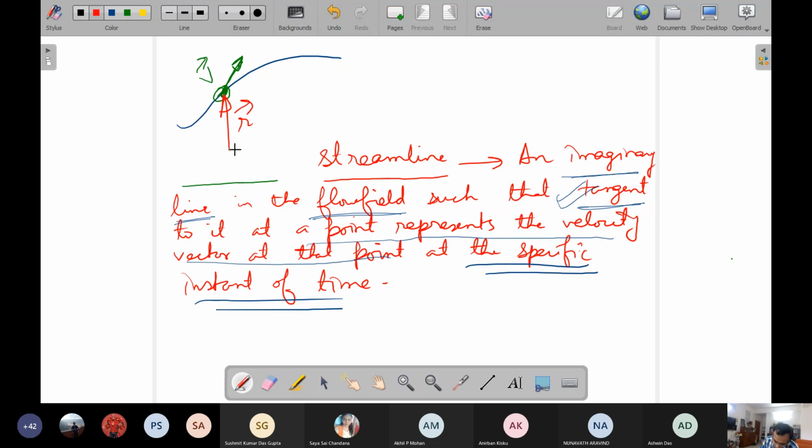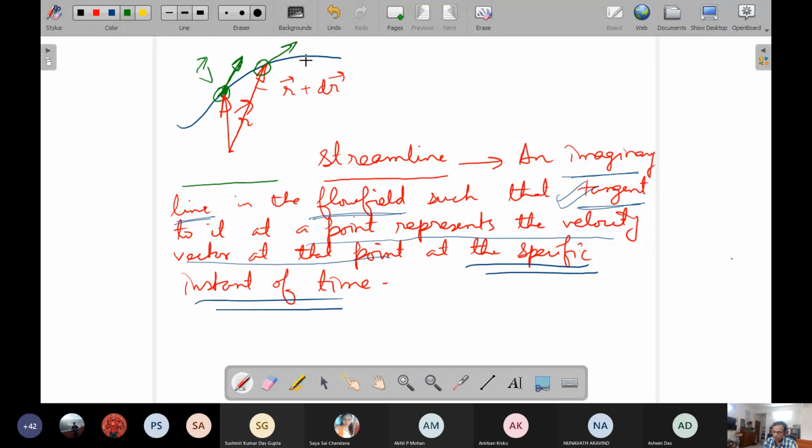In a similar manner, with respect to the same origin, let us say we have a position vector which is r plus dr. The meaning of this is actually we are thinking of another point which is almost coincident with this, and here you will have a velocity which is different because the point is different and hence the tangent is different.